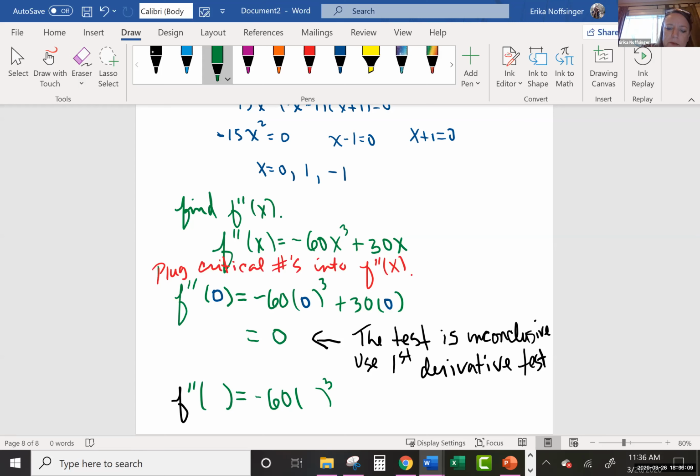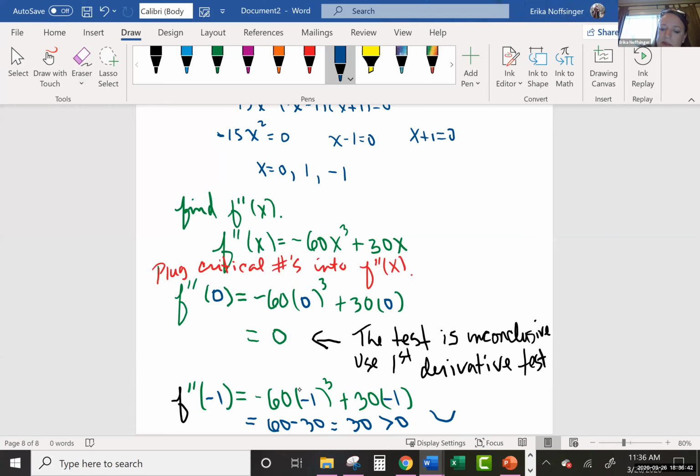Negative 60 times negative 1 cubed plus 30 times negative 1. So this is going to give me positive 60 because negative 1 cubed is negative 1 times negative 60. So that's positive 60 plus negative 30, or 60 minus 30, which is 30. It's greater than 0.